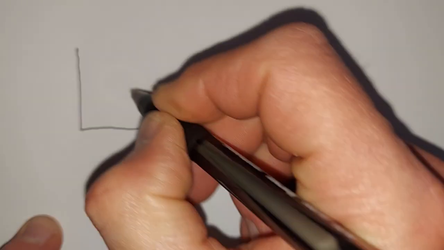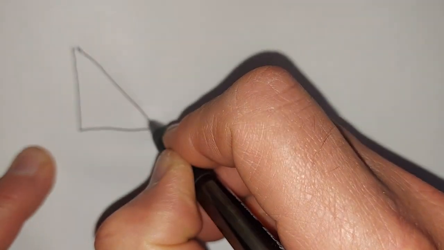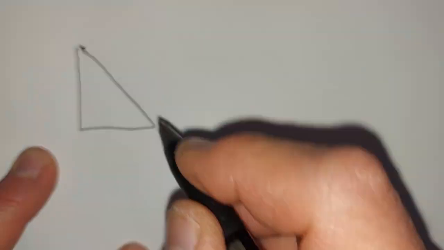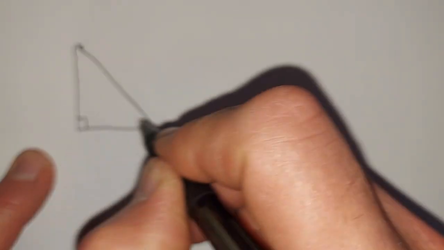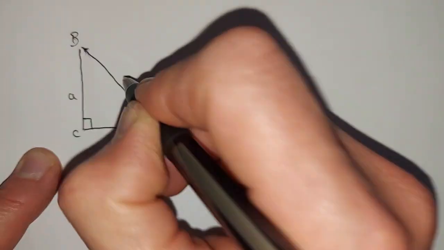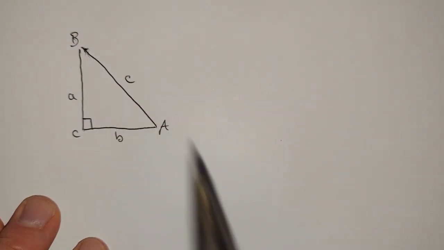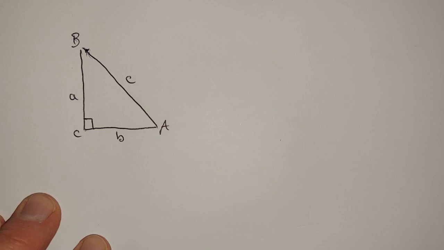Now, what about tangent? Well, the tangent we know is opposite over adjacent. Let's go A, B, C. We don't even need the C for our tangent.